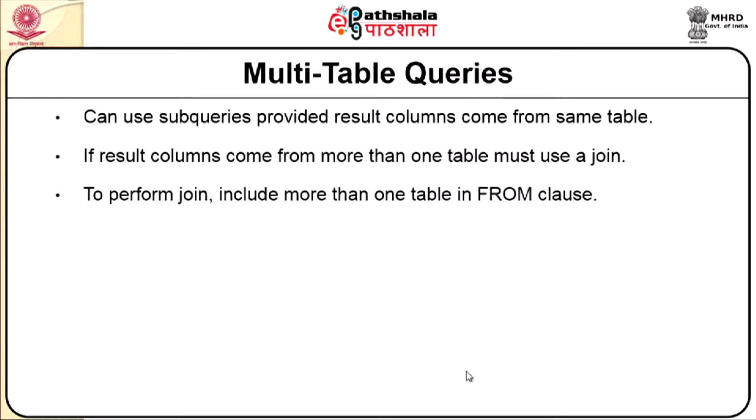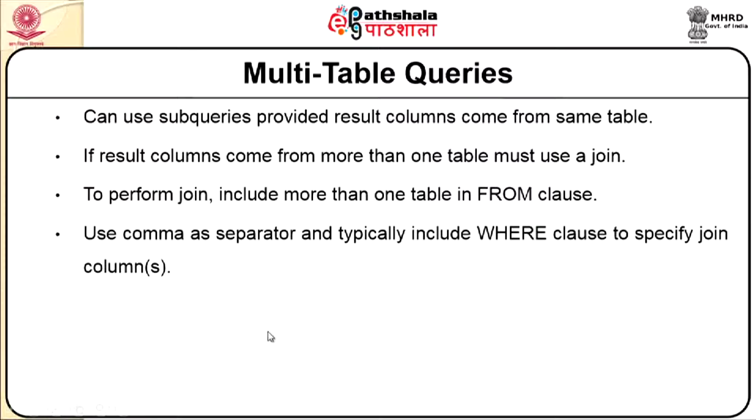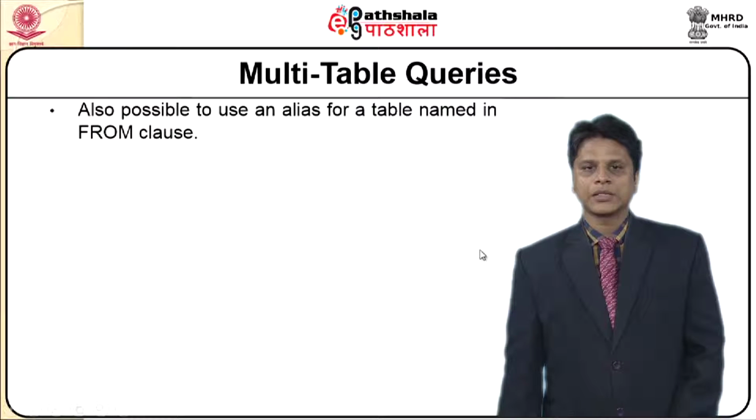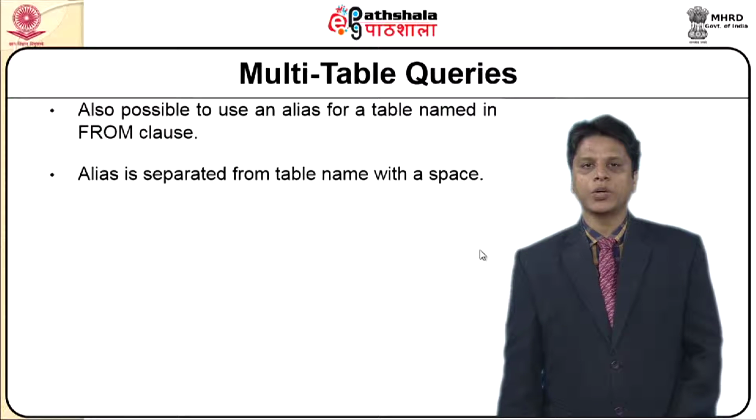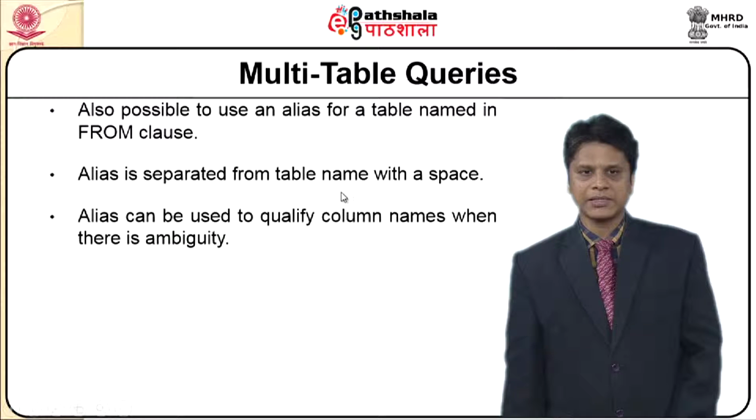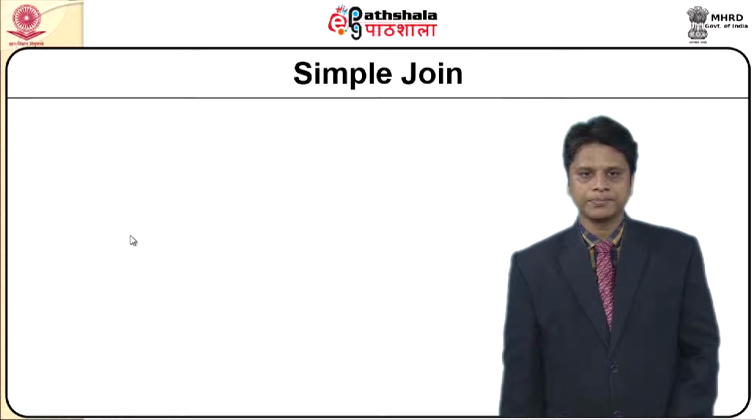To perform a join, we include one or more tables in the FROM clause, using a comma as a separator, and typically include a WHERE clause to specify the join columns. It is also possible to use an alias for a table named in the FROM clause. The alias is separated from the table name with a space. An alias can be used to qualify column names when there is an ambiguity.